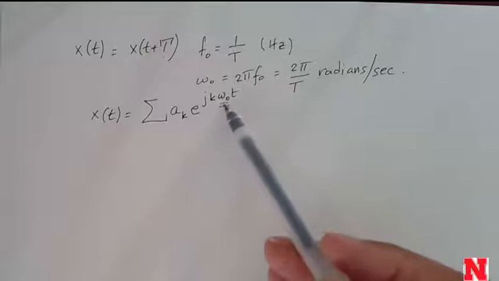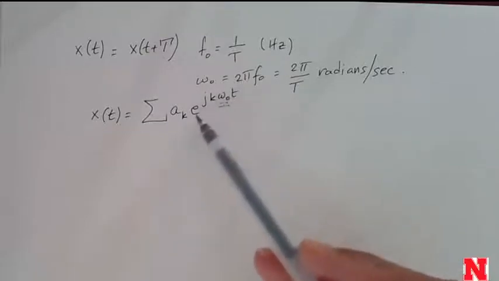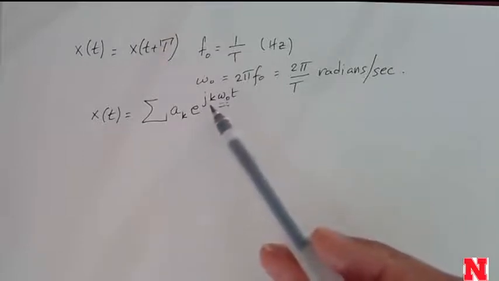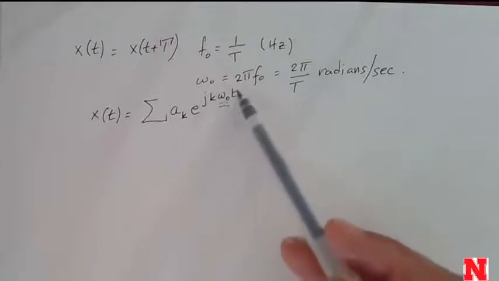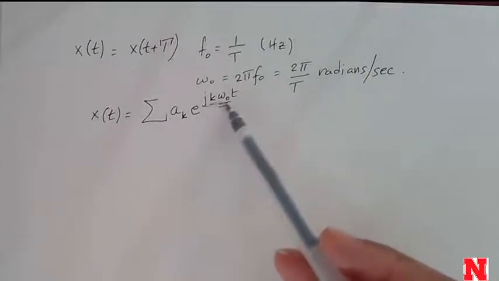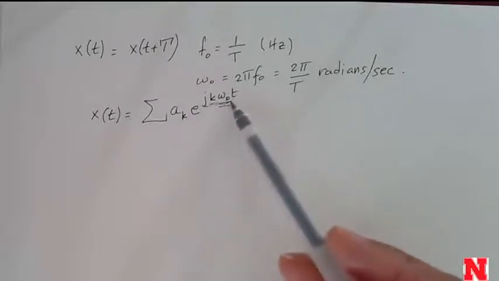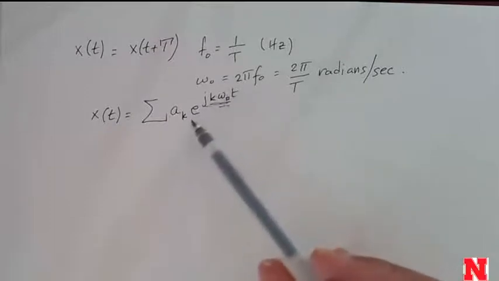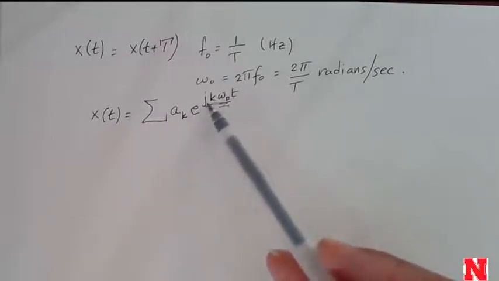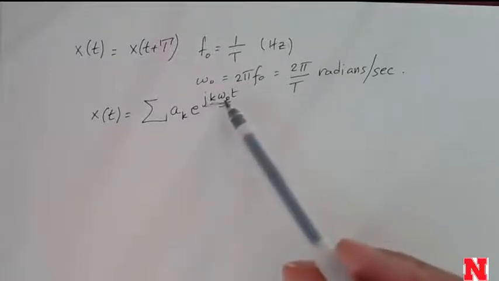And what I can do is I can take e to the j times the fundamental frequency. Remember that e to the j omega t is just cosine omega t plus j sine omega t, right? So these are just complex sinusoids at this frequency. So I start out, I have a0 times e to the j0, so that's my DC coefficient. And then I have a1 times e to the j omega naught t, so that a1 corresponds to the fundamental frequency.